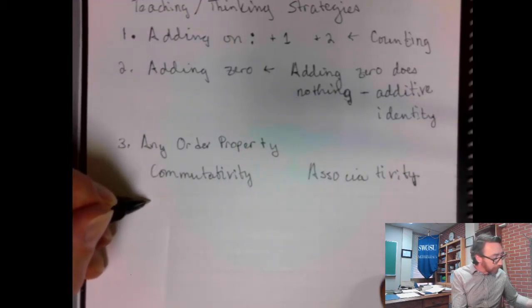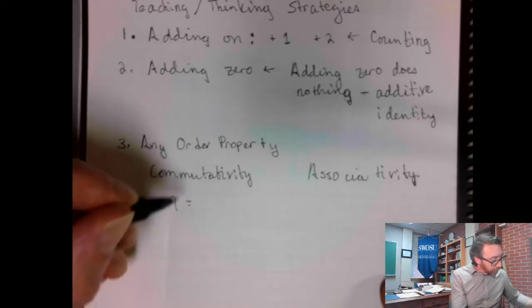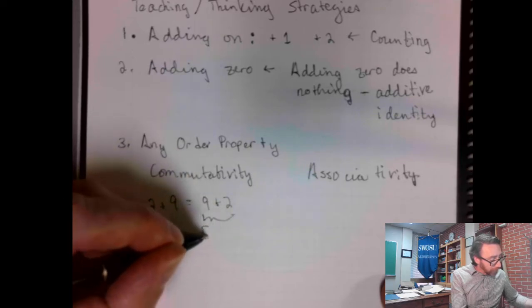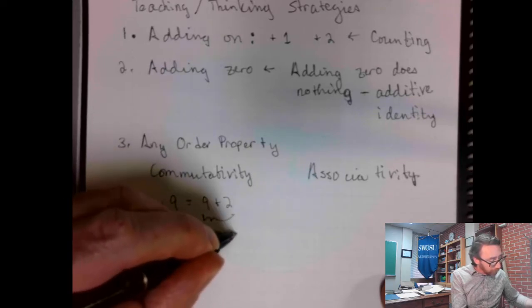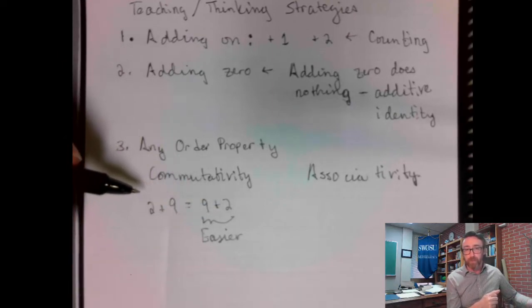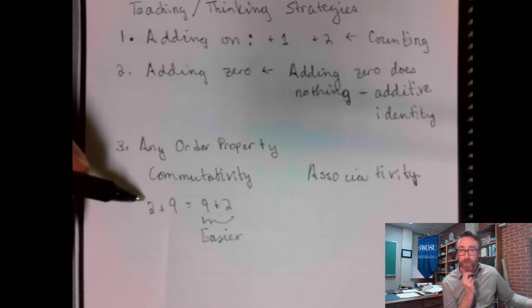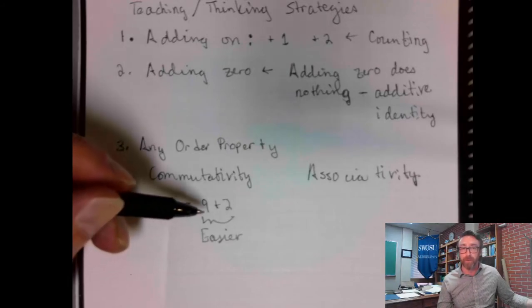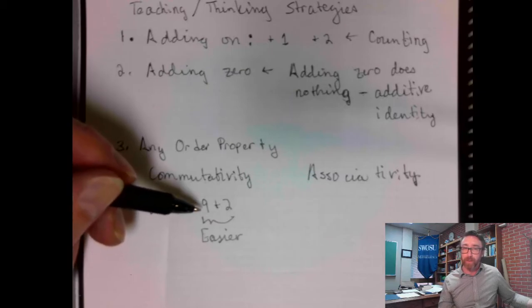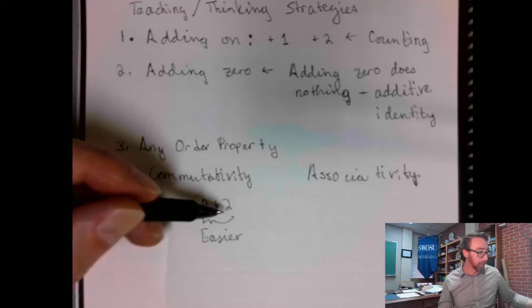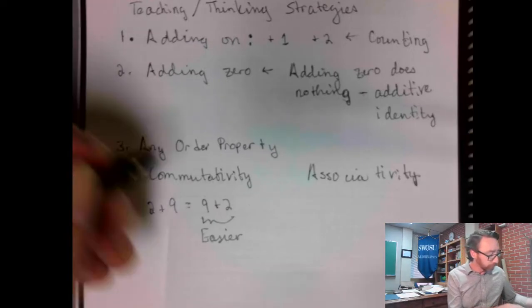Okay, if we had 2 plus 9, that's the same as 9 plus 2. And I would argue this is actually an easier problem because now we can do the counting on. If you're doing a counting on strategy here, this one's going to take a while, and the student might lose track in the middle of the problem. But if they're using a counting on strategy, going 9, 10, 11, okay, they're done. They got it right there.